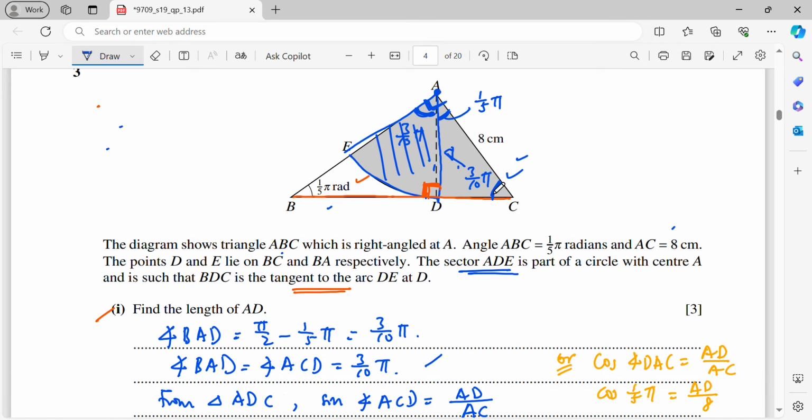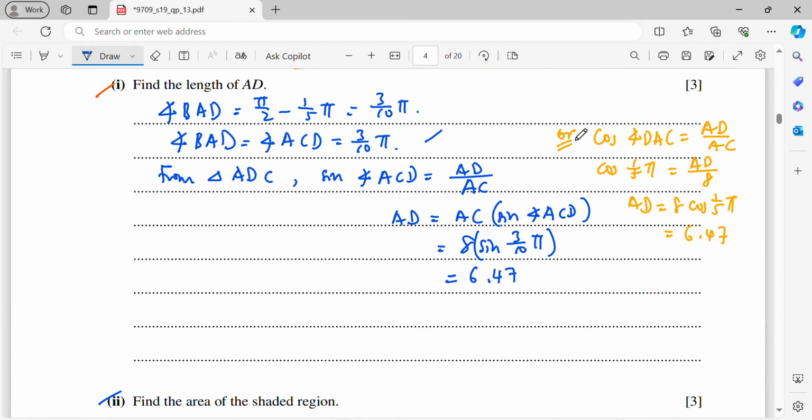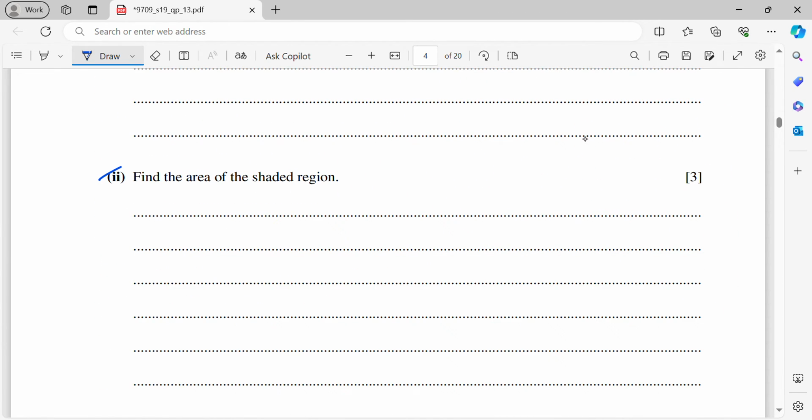So for your information, for the area of a sector, if this is theta and here is r, the area is half r squared theta. And for a triangle, let's say this is theta, this is A, this is B, so the area is half AB sine theta. Okay, so from here, I need to know the angle first.